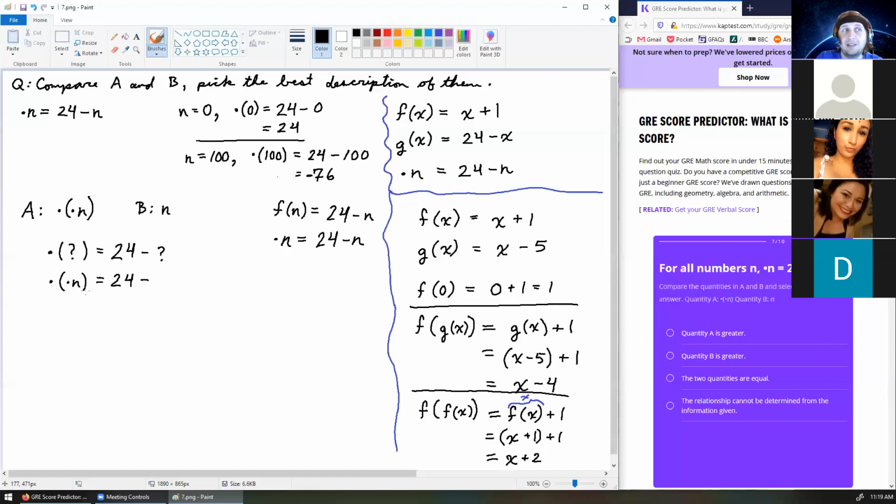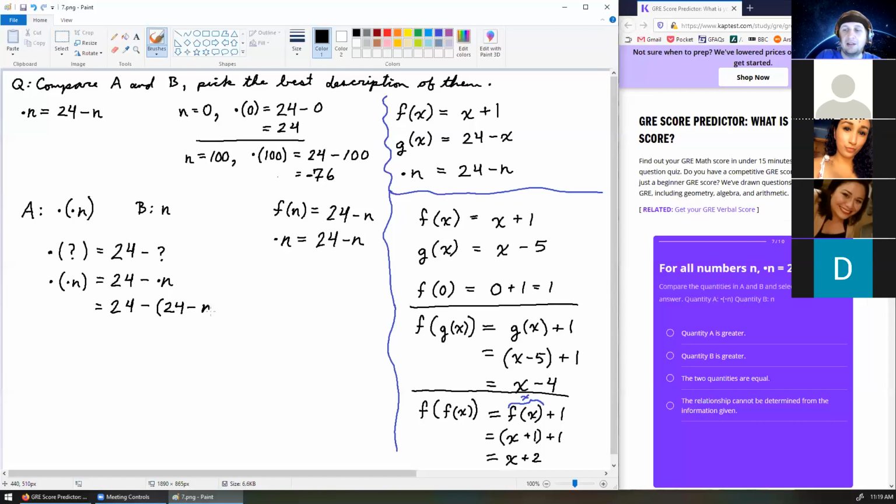Would it be dot n? Isn't dot n equal to 24 minus n? So inside the parentheses is 24 minus n, isn't it? Right. We've got dot n, and if we expand the function, what does that become? 24 minus n.